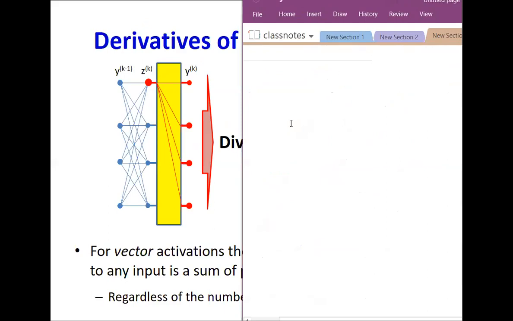If I want to compute the derivative of the divergence with respect to, say, Z1, what is the formula here going to be? Anyone?